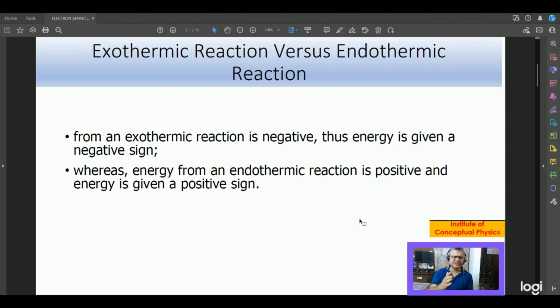If you see this slide, you can see there are two types of reaction. Before we go to the concept of change in energy in electron affinity, let's understand there are two types of energy changes that happen. Number one energy change, which is very important to understand, is the exothermic reaction, in which the system is losing energy.